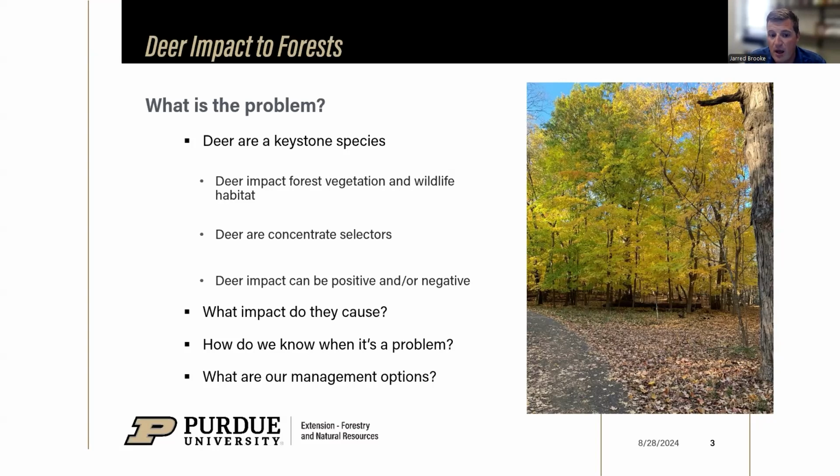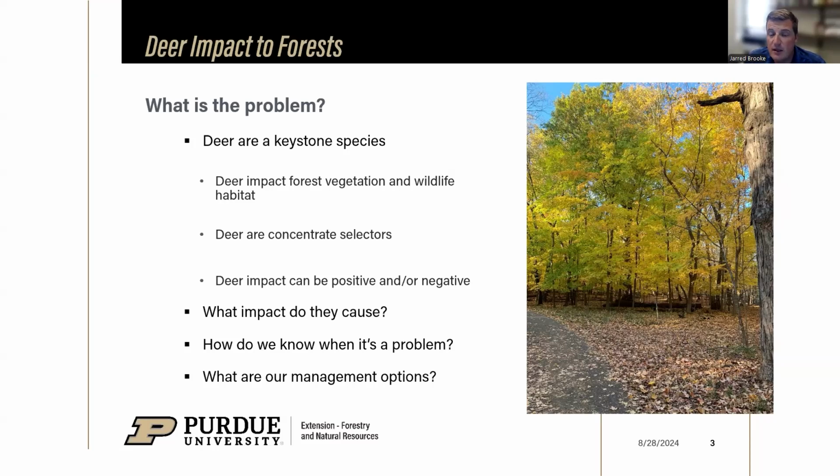So they have certain plant species that they really like that are kind of like ice cream plants to them. And then they're also selectively browsing certain parts of the plants, like the young tender growth on woody plants, even on herbaceous plants as well. Not to say that they won't eat a wide variety of things, but when given a choice, they're going to pick their favorites, just like we'd pick our favorites off of a buffet.